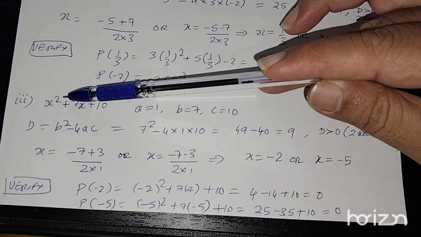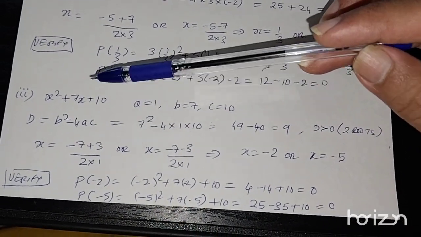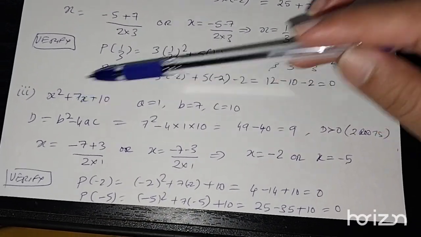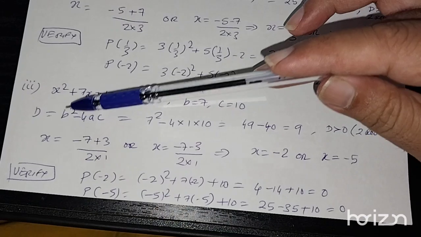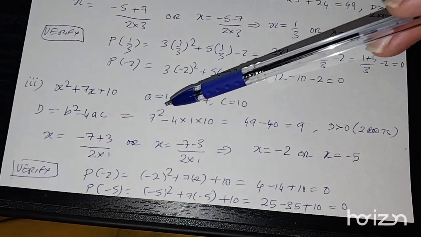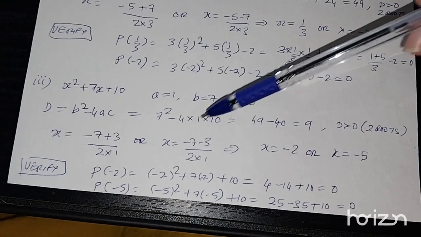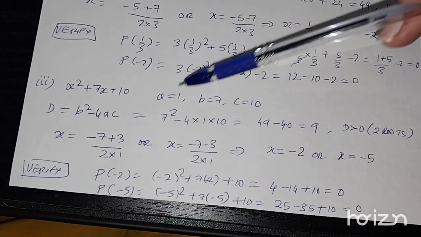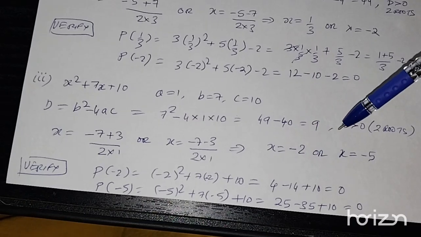Okay, now one more example, x squared plus 7x plus 10. You can see that a is 1, b is 7 and c is 10. What is D is equal to b squared minus 4ac? Determinant, it is 7 squared minus 4 into 1 into 10, that is 49 minus 40, which is 9.